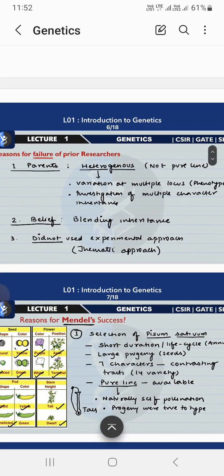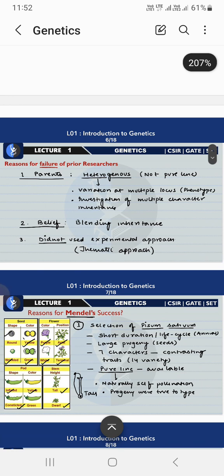Now we see the reasons for the failure of prior research. Why did the researchers who did their experiments before Mendel fail?